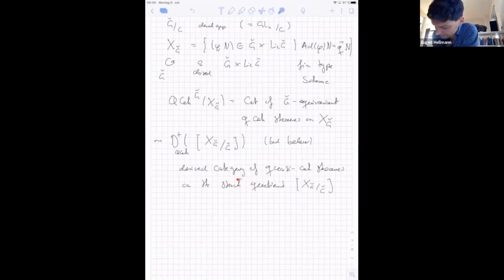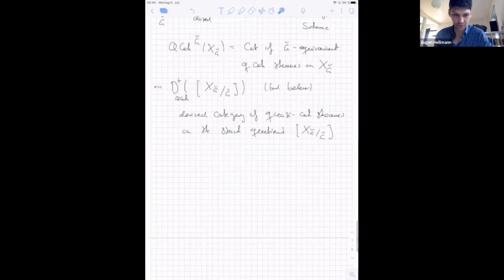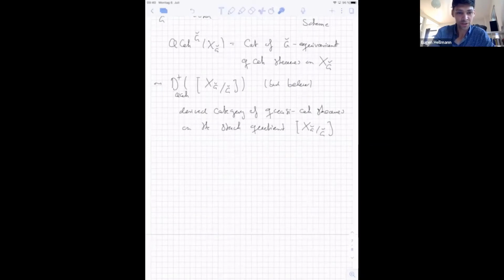So if you don't like stack quotient, which kind of pretends that the quotient of this guy by the action of this group would exist, then you should just think of this as the corresponding derived category of this abelian category here, which on a technical level is not quite correct, but the idea of this category is to make this work without too much technical difficulties. Okay, so that's my derived category on the side of phi-N modules.